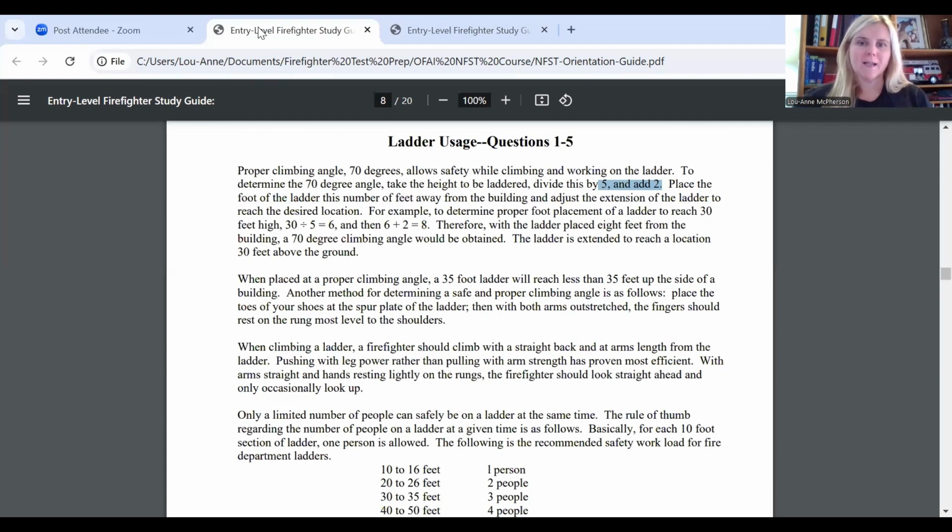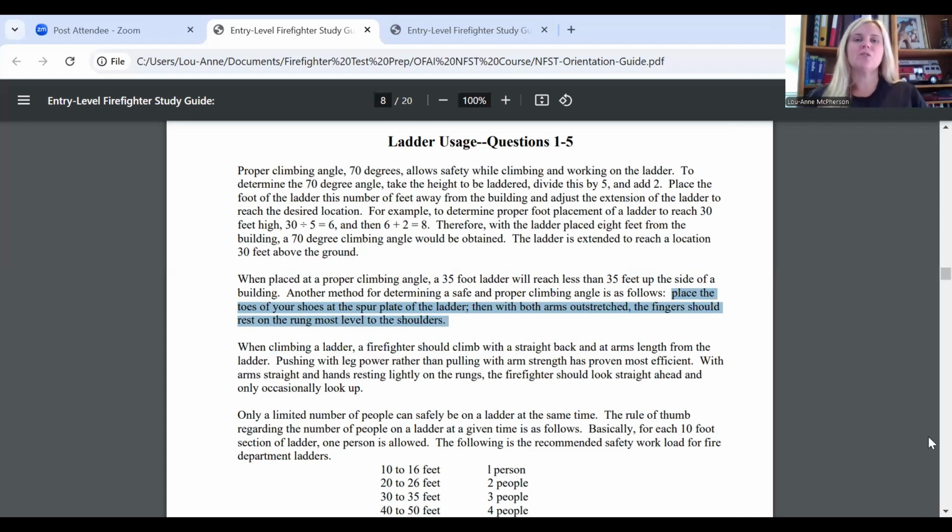Now, when we're in our text here, you can see that we have the word outstretched in the second paragraph. And now, once you've identified where the answer is, you're going to read the entire sentence to identify what the answer is. When we look at the complete sentence, it says, another method for determining a safe and proper climbing angle is as follows. They're going to give you the explanation right after that colon. So your answer is actually going to be past the colon.